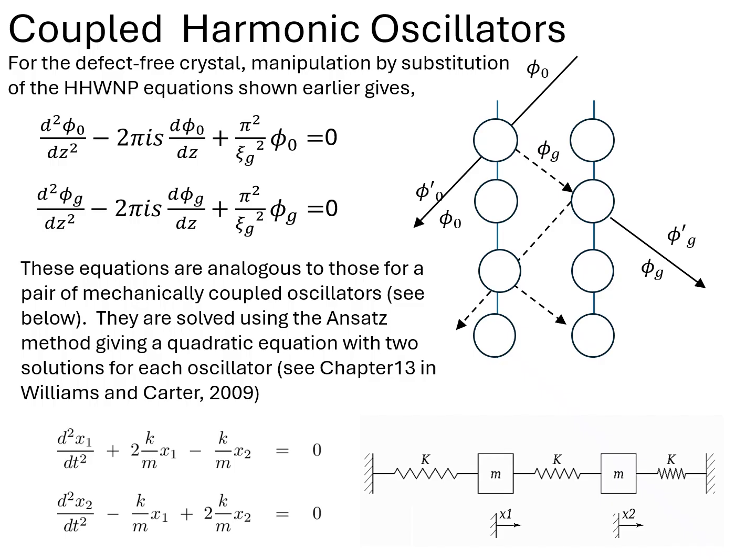Now it turns out, for the defect-free case, let's not complicate it now, where there are no dislocations or stacking faults, by manipulation, by substitution of the Howie-Whelan equations, it's possible to create a differential equation for each wave, for the amplitude of the direct wave and for the amplitude of the scattered wave.